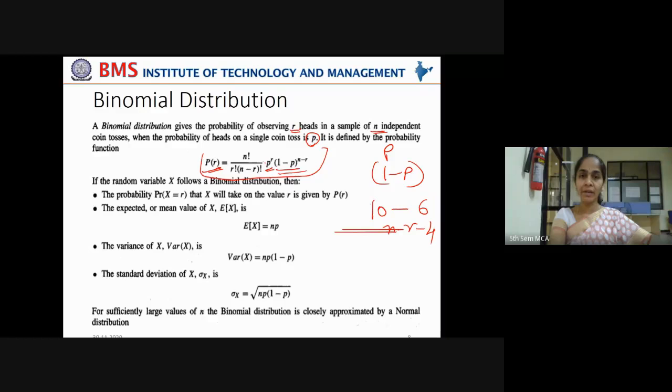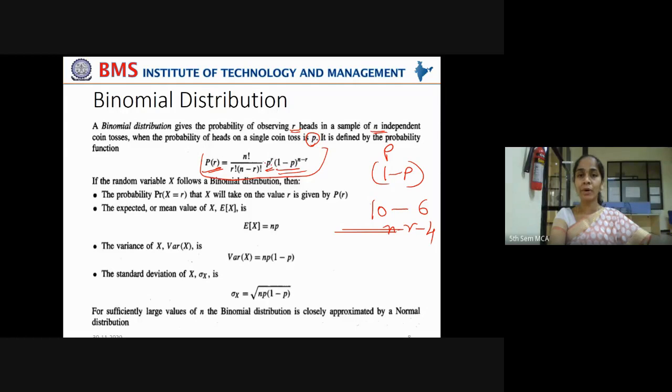N factorial, number of coin tosses factorial, divided by the number of times heads are observed, R factorial, and the number of times heads are not observed, that is n minus R factorial, multiplied by P power R. P is the probability of observing head in a single coin toss, and how many heads are observed?